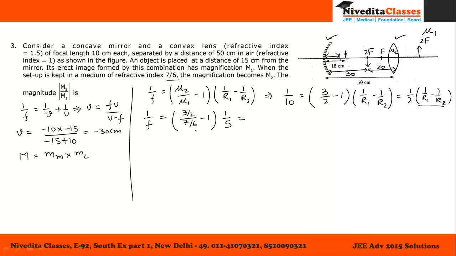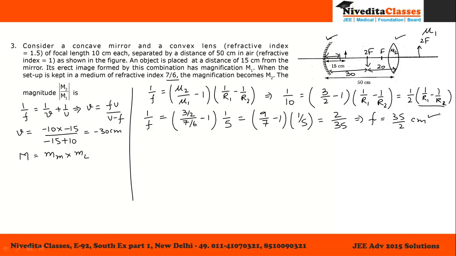So this will be equal to 18 by 14, and 18 by 14 we can say 9 by 7. So 9 by 7 minus 1 into 1 by 5, and this will be equal to 2 divided by 35. Okay, and from this we can say that the new focal length of the lens will be equal to 35 divided by 2 centimeter. As we are taking all the measurements in centimeter, our focal length will also be in centimeter.